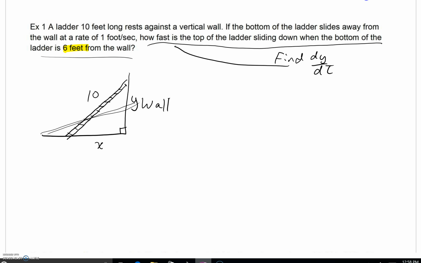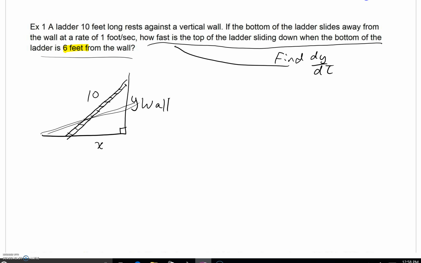Here's where it's so critical and so important. You have to model this situation. And you go back to your tool belt. You go back to geometry. You go back to trig. You'd say, can I come up with an equation that relates x, y, and 10? And the answer, I hope, is yes. How? What would relate x, y, and 10?